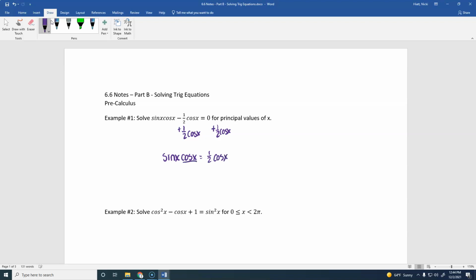And then since there's a cosine on both sides, I'm just going to divide it off, and it's going to go away, and I'm going to have sine x equals 1/2, so x equals pi over 6. If you do this, you will miss an answer.